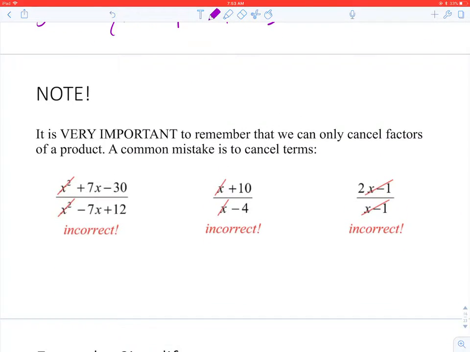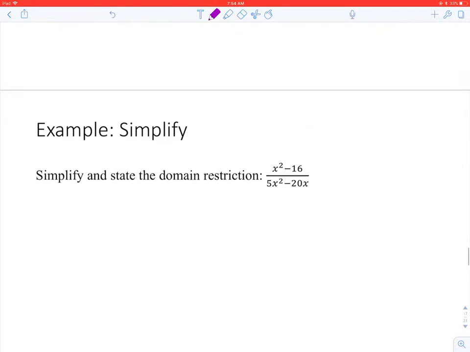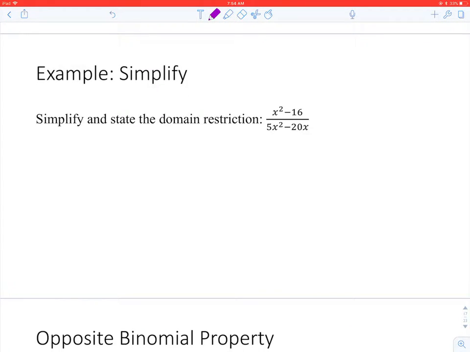Okay, just kind of a reminder of the common mistakes for canceling. You cannot cancel across sums or differences. You can only cancel factors of a product from the numerator and denominator. Okay, so we know that 5x squared minus 20x cannot be equal to 0. Here we have a binomial to factor, so I'm just going to factor out the greatest common factor of 5x.